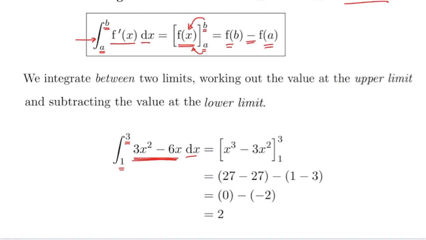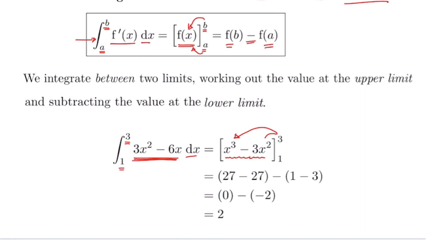You can see inside the square brackets, when you integrate 3x squared, you get x cubed. When you integrate 6x, you get 3x squared, and of course there's a subtraction between the two, so put that down. It's in square brackets, and you put the limits on the right hand side. Then you substitute 3 in.